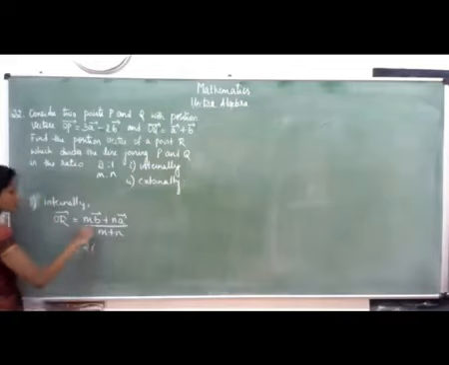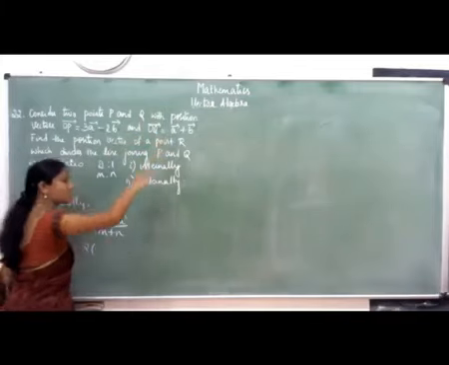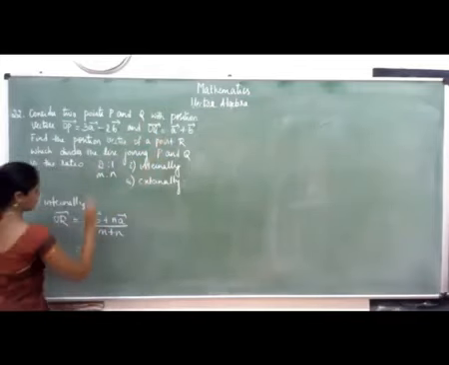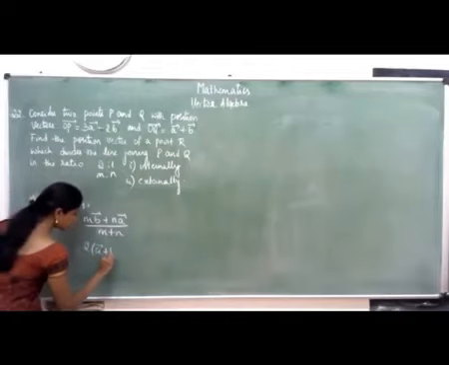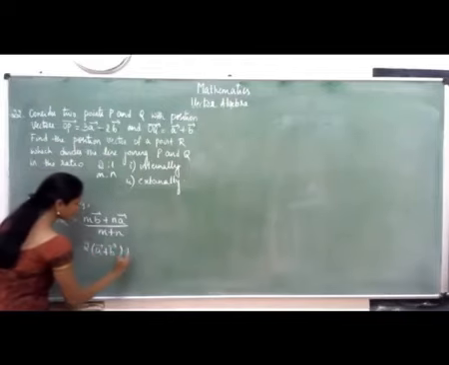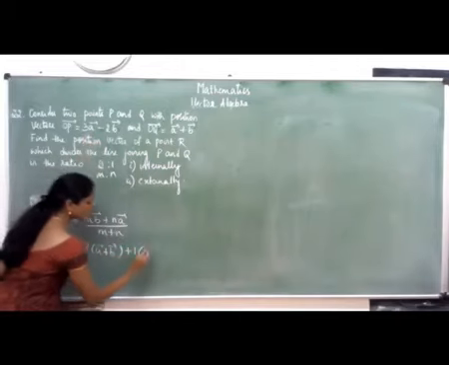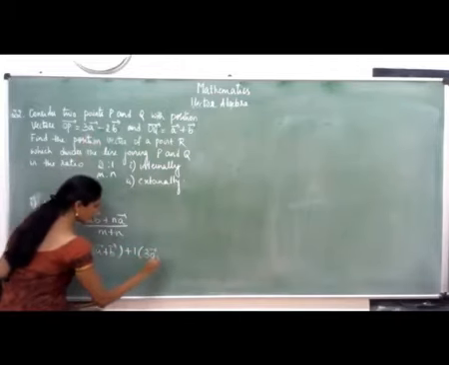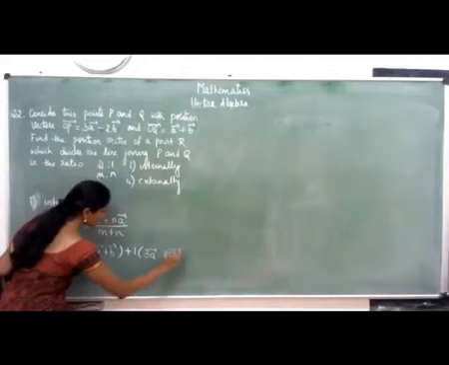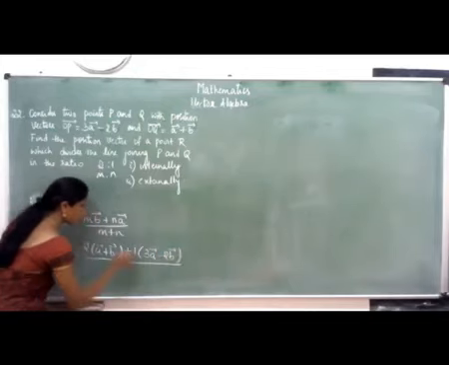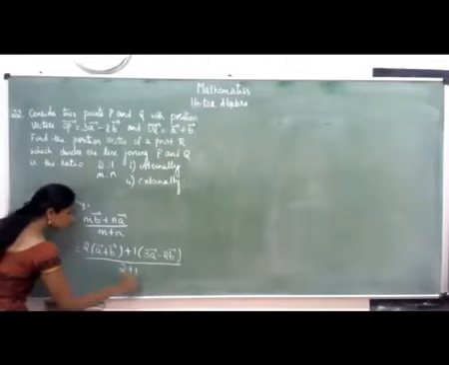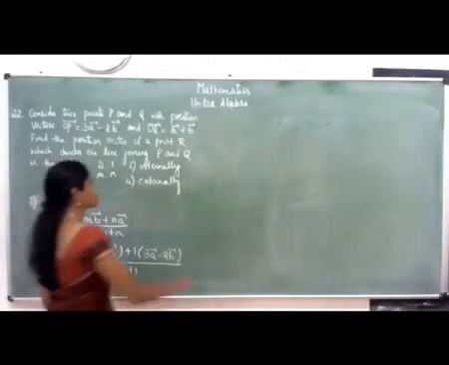It is 2 times vector B, that is your second vector given in the question, which is vector A plus vector B, plus n, which is 1, times vector A, the first vector given in the question, so 3 times vector A minus 2 times vector B, whole divided by m plus n, that is 2 plus 1. Simplifying.